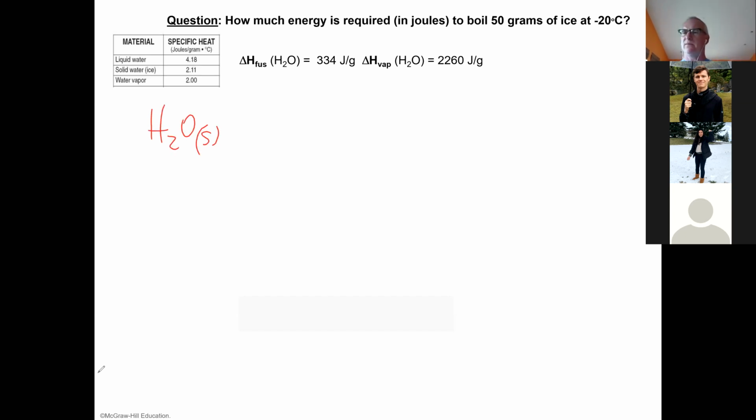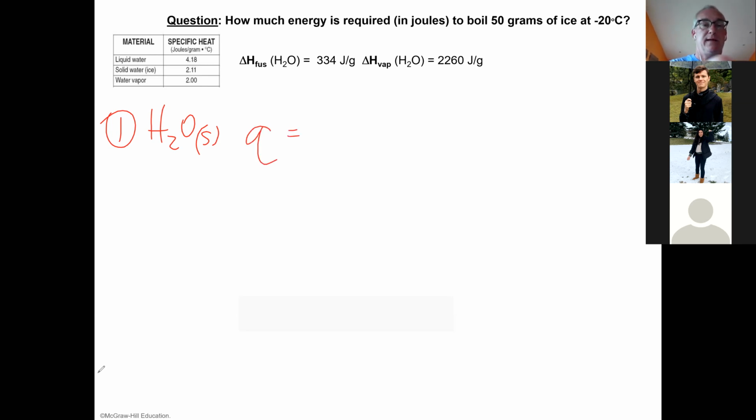And what are we doing with it? What's the very first step that's going to happen? Heat it up. We're heating it from minus 20 to what temperature? 0. Right. So to figure out this first stage, it's heating the ice to the melting point.